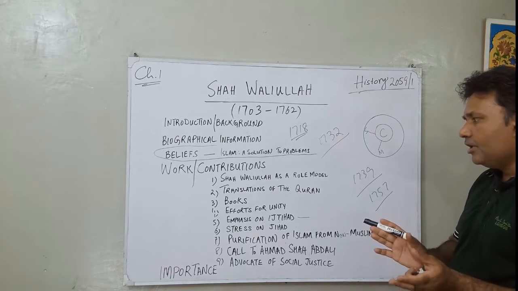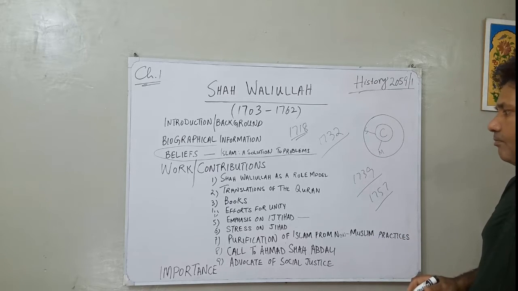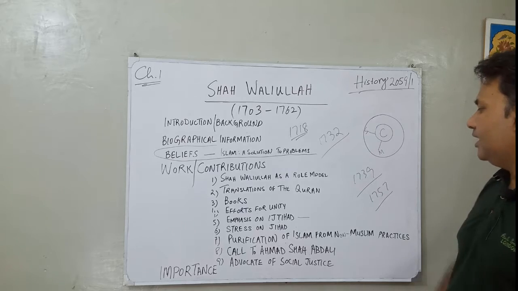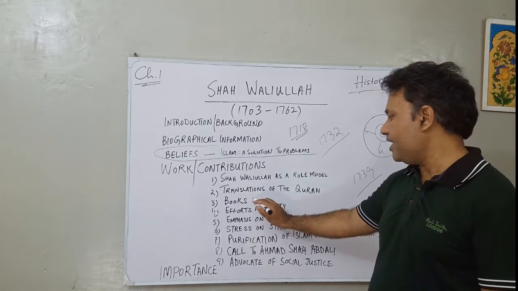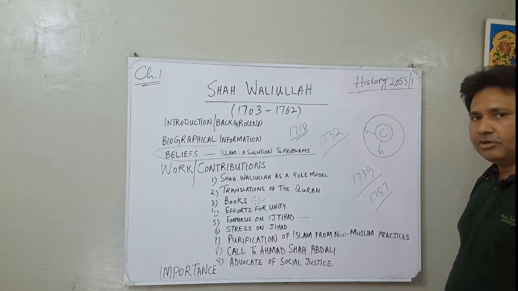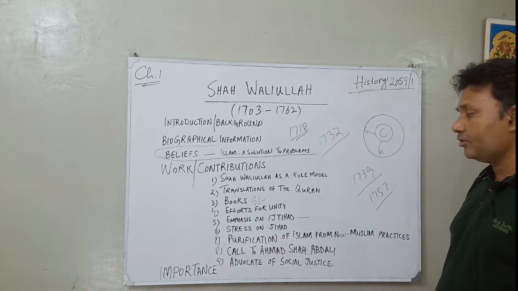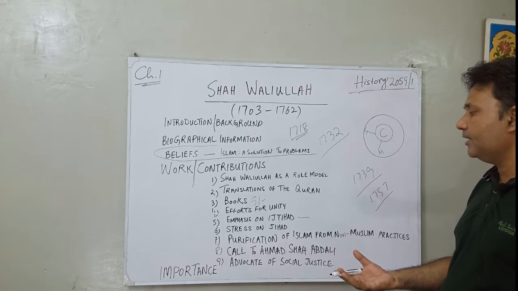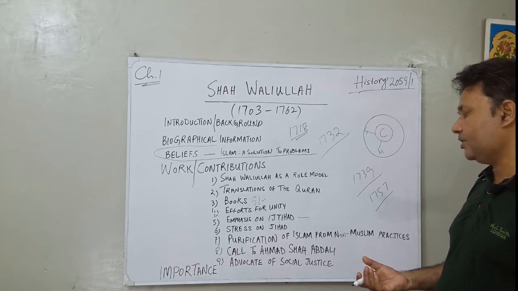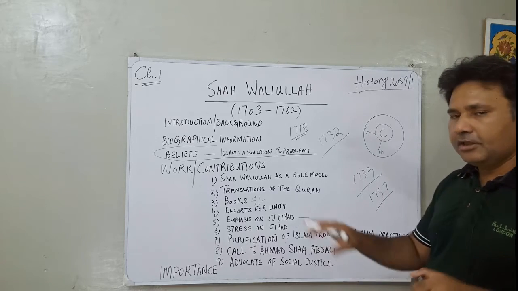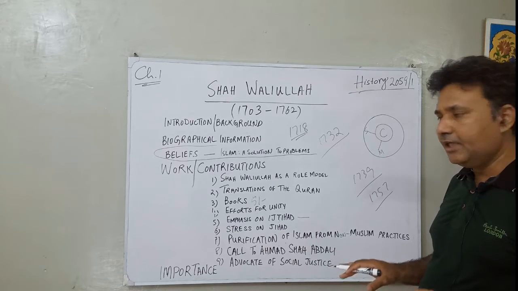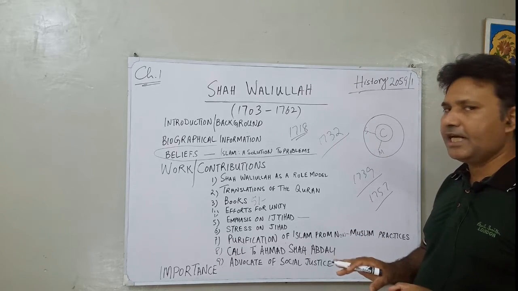So he faced criticism, but he continued working, and he also wrote 51 books. Out of 51 books, he wrote 26 in the Persian language and 25 in the Arabic language, because through these books he wanted not only to create awareness among the Indian Muslims, but also to create unity.